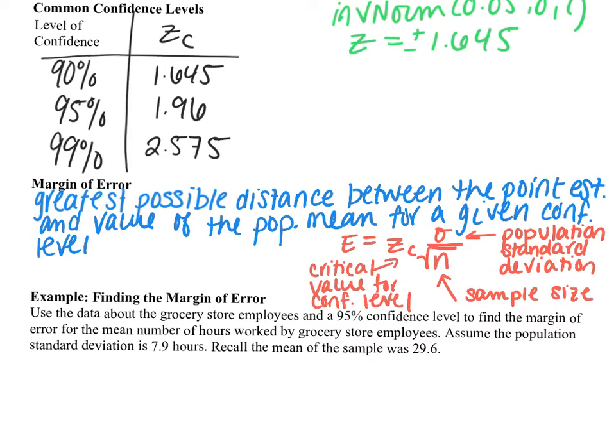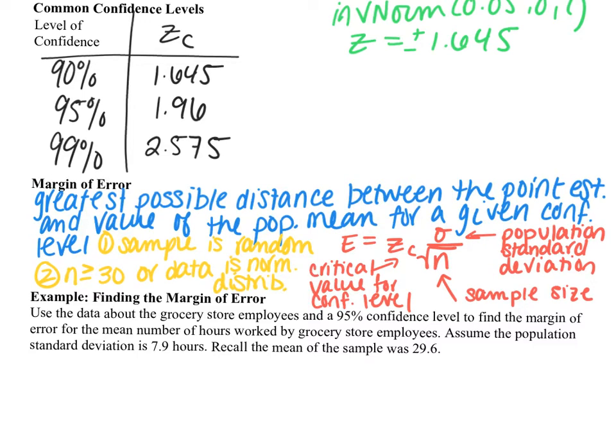Okay, a couple of other things you need to note: the sample must be random, and also n has to be greater than or equal to 30, or the data is normally distributed.